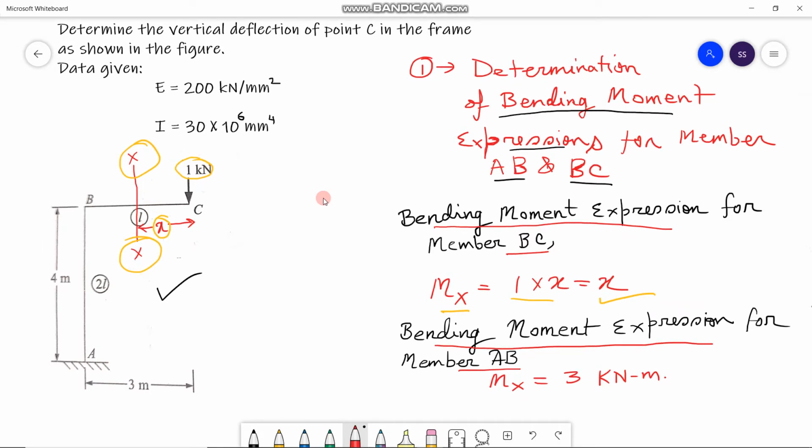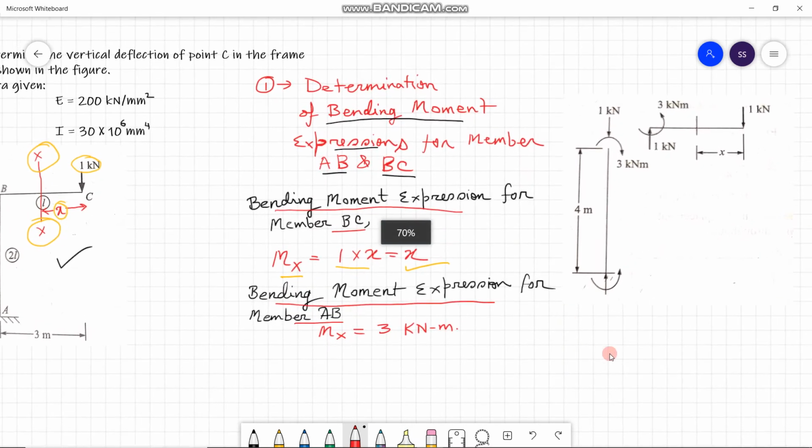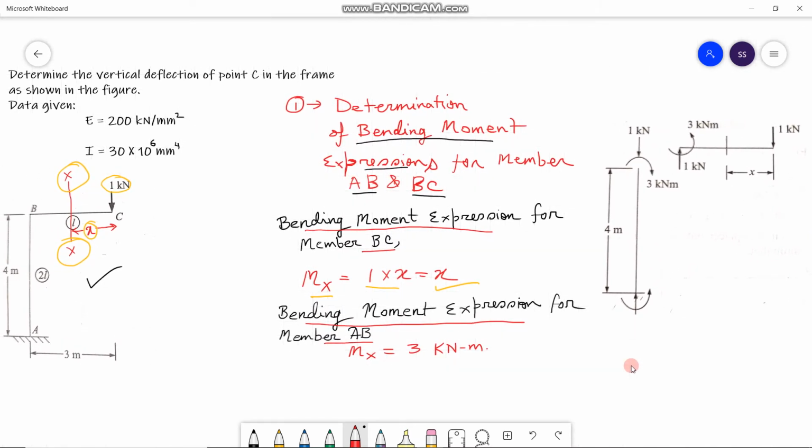So, the free body diagram of the given frame is this one. This is the free body diagram of the given frame as per the problem we are dealing with right now.